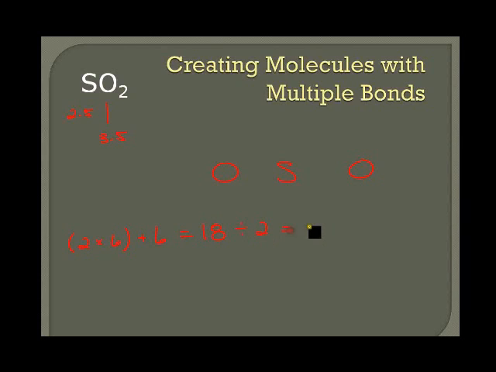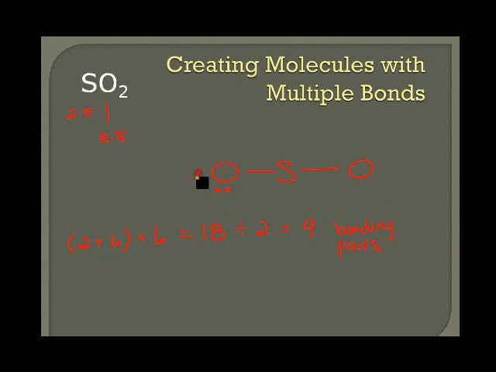Divided by 2 tells us that we have 9 bonding pairs. So we single bond our central atom to our terminal atoms and assign our remaining electrons around our terminal atoms.